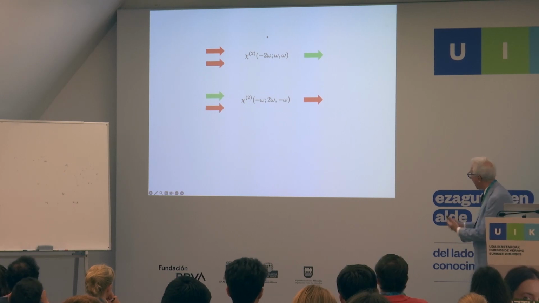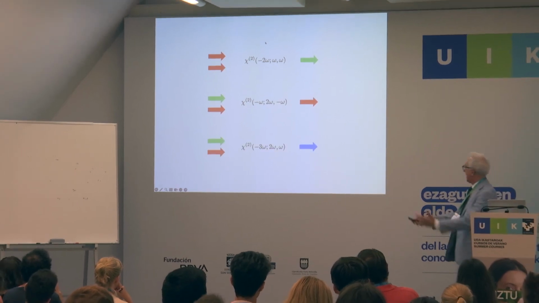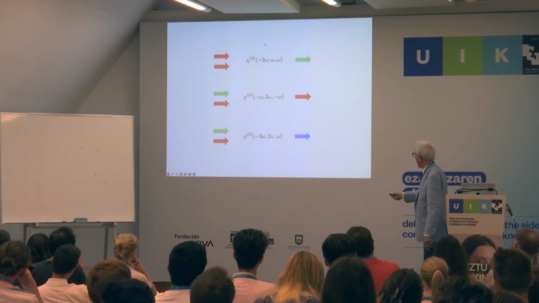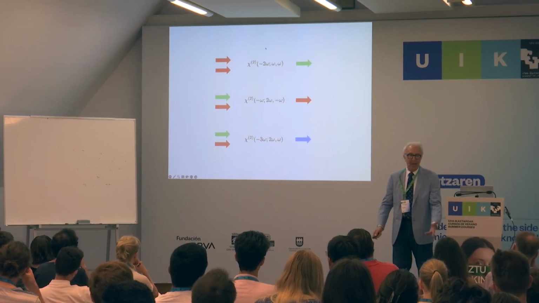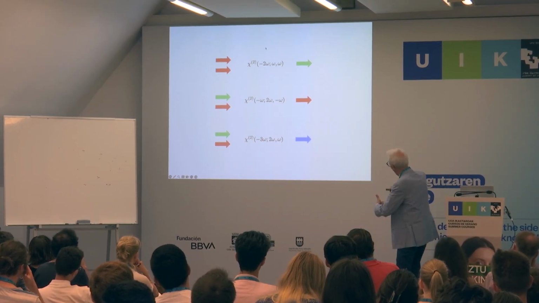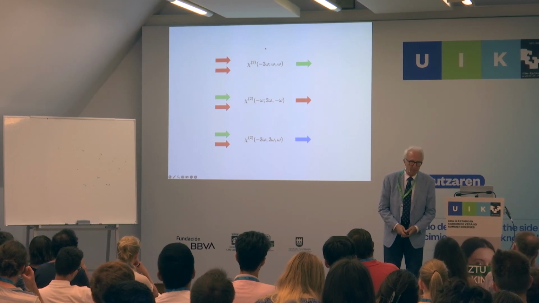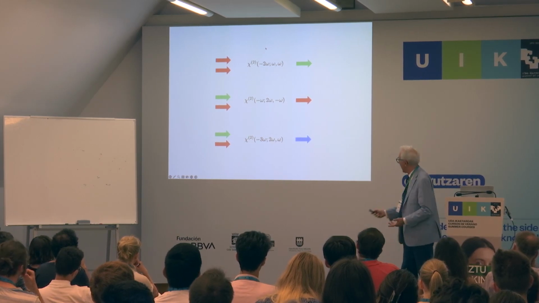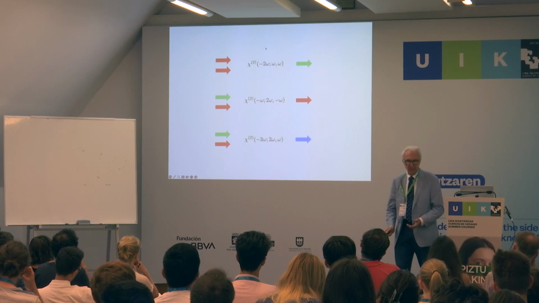Once I have 2 omega and omega, well, one can go to town here. I can combine 2 omega and omega and get 3 omega coming out, and so on and so on. In some cases, one has to worry about these higher order processes.